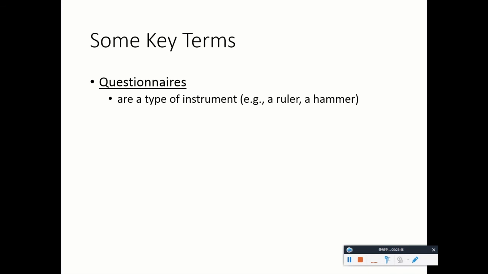But the point I would like to emphasize with regard to this particular term or concept is that questionnaires are a tool or an instrument. It is an instrument in the sense that a ruler or a hammer is an instrument, right? They're tools that we use to achieve certain purposes.